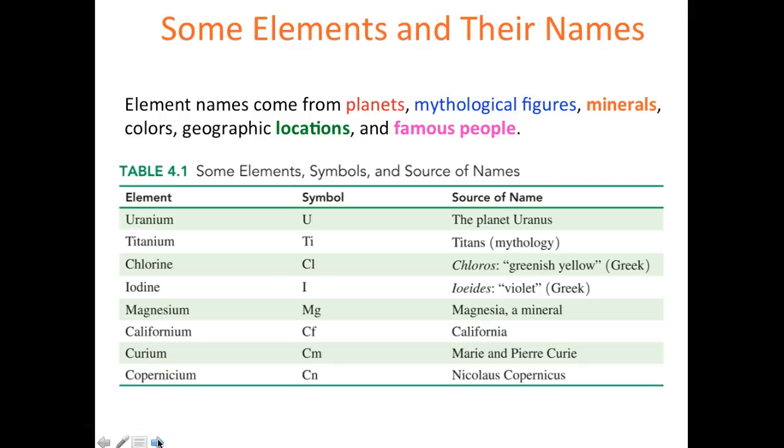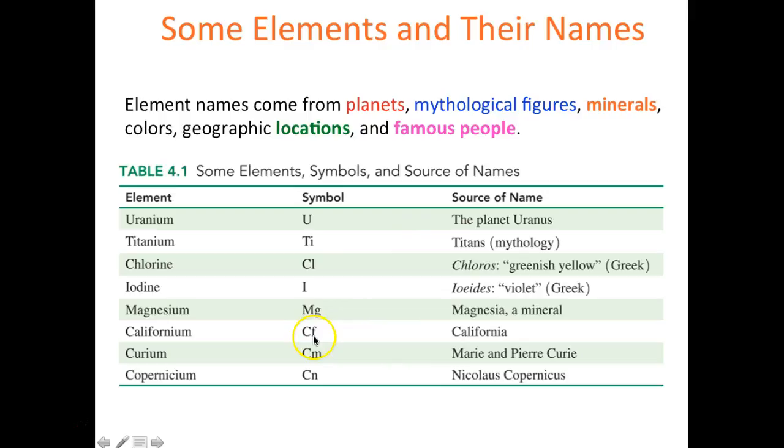The names of these elements are derived from either the locations where they're found or named after famous people like Curium, named after the Curies, or planets like uranium, for the planet Uranus, mythological figures like titanium for Titans, or minerals from which they are derived, magnesium from the mineral magnesia, or locations from where they are mined or formed, all right.